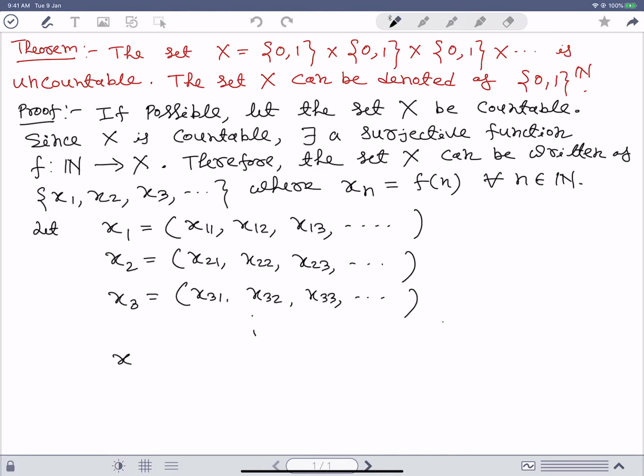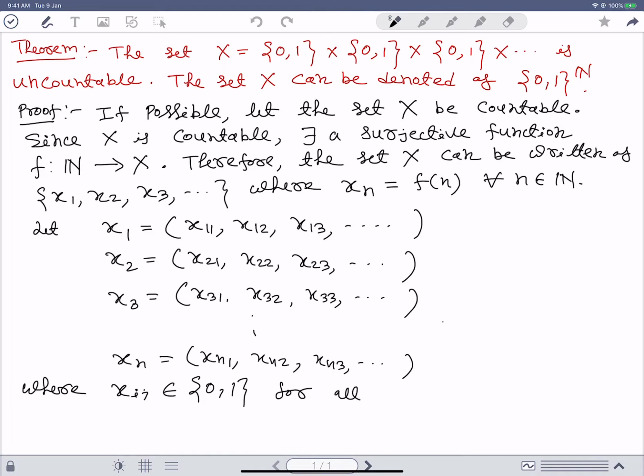So I can write xn as well. It is xn1, xn2, xn3 in this way, right? Where each of xij belongs to the set 0 and 1. That means each of xij is either 0 or 1 for all i, j belonging to natural numbers. Fine.